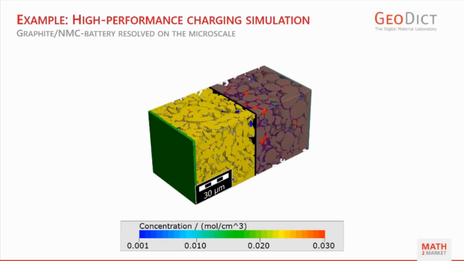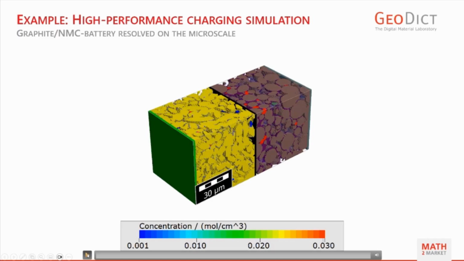The next example is a model of a battery with a graphite anode and a lithium nickel manganese cobalt cathode. Here we have a separator in black, and we have some current collectors on both sides of the cathode and anode.